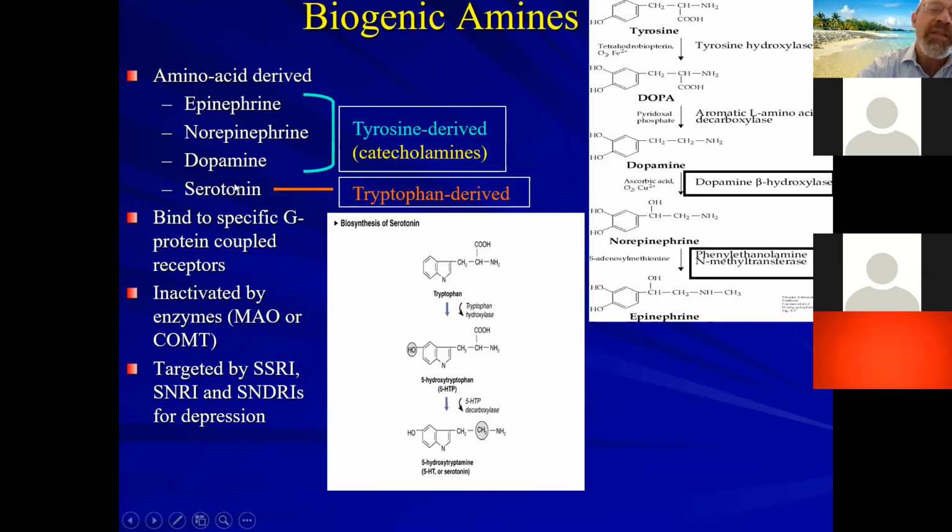There are 4 classes of biogenic amines, and you can see them right here. Amine means that they're derived from an amino acid. Dopamine, norepinephrine, and epinephrine are all derived from the amino acid tyrosine. There's tyrosine up there. Serotonin is derived from the amino acid tryptophan.